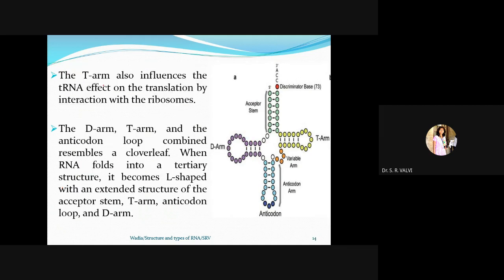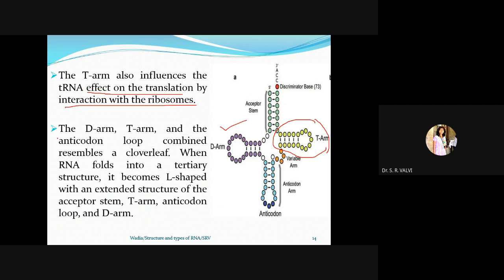Now see the T arm. Now come to which arm? The T arm also influences the tRNA effect on translation by interaction with the ribosome. This means both arms are very important to stabilize the structure of tRNA because they influence the formation of proteins.